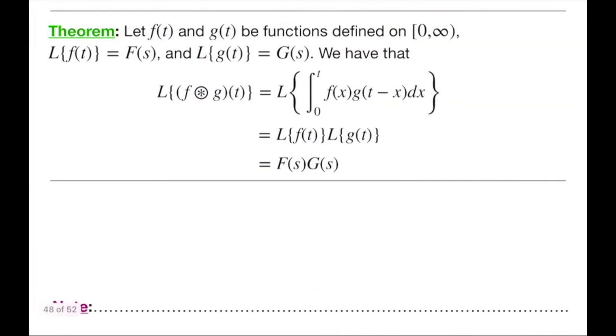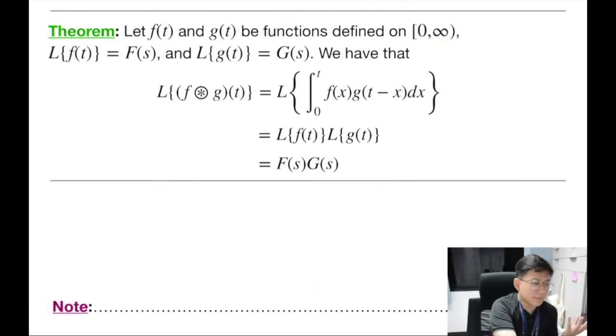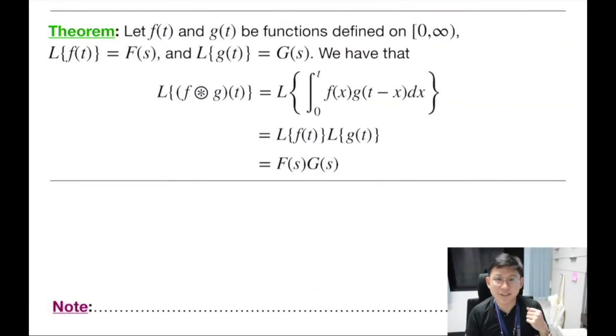The next theorem, which is the last one for this section. Let f and g be functions, and F(s), the big F, is the Laplace transform of f. The big G is the Laplace transform of g.